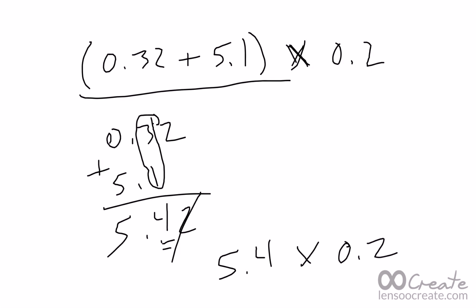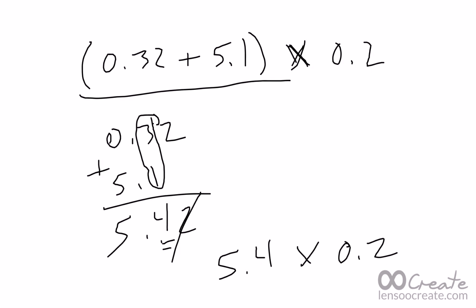So what I would then do is take the 5.4 times 0.2, and that would be the next equation that I would solve. And now I'm being subjected to the multiplication rules. So when I'm subjected to the multiplication rules, the rule says that I'm going to use the least number of significant figures out of all my measurements in my answer.